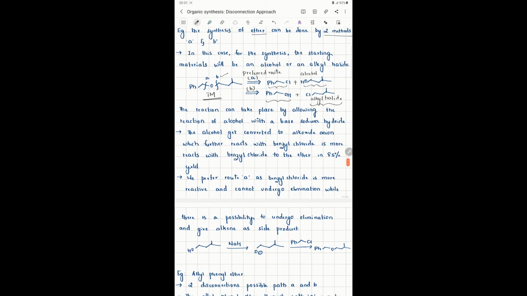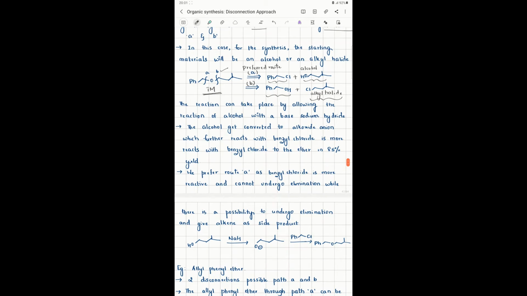Now the reaction can take place by allowing the reaction of an alcohol with a base, sodium hydride. The alcohol gets converted to an alkoxide ion which further reacts with benzyl chloride to give the ether in 85% yield. This is with respect to route A.